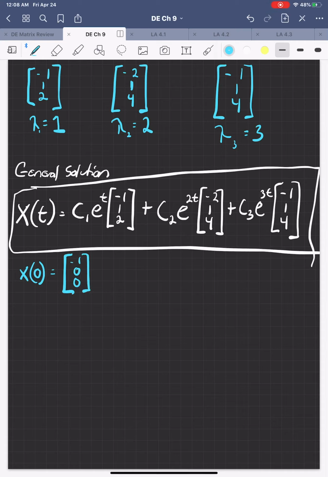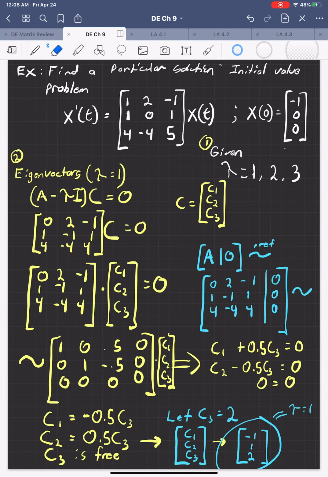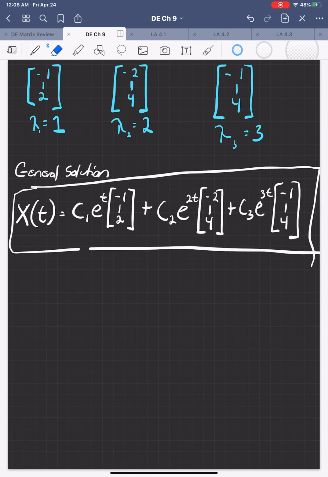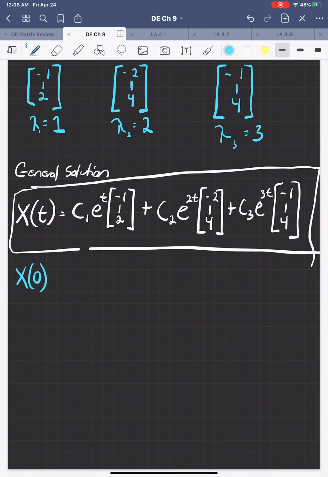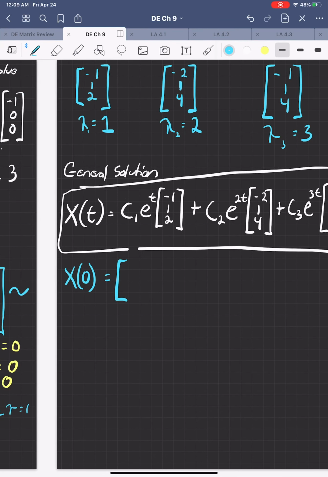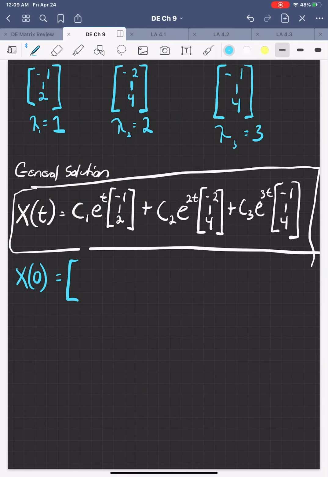Let me make sure I'm not copying something incorrectly. Let me go back and make sure I'm pulling it. Yes, x sub 0 is equal to negative 1, 0, 0. Okay, that's what I thought.